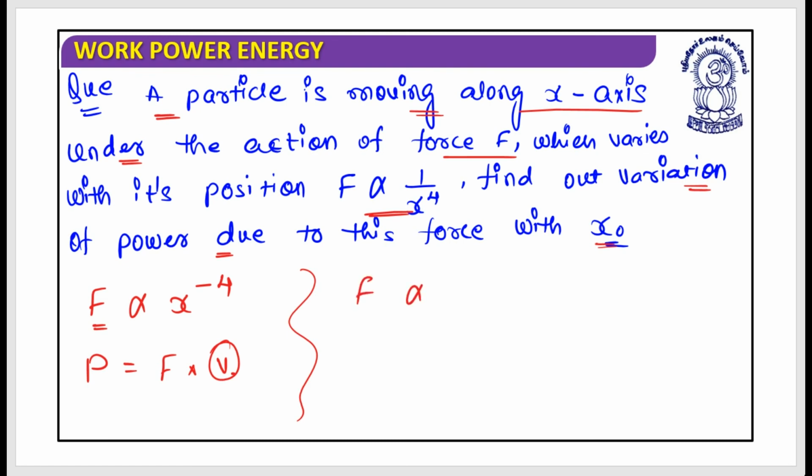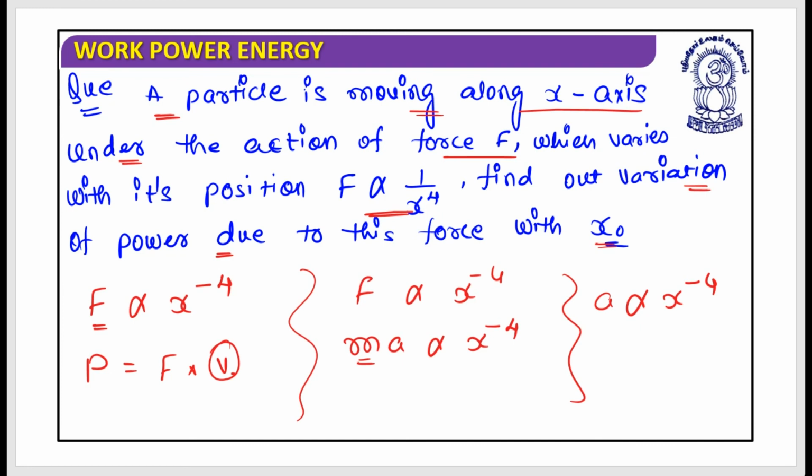So I have been given F directly proportional to x to the power minus 4. What I can do is m into a directly proportional to x to the power minus 4. As mass is going to be constant, acceleration should be proportional to x to the power minus 4. From acceleration I should reach the velocity.